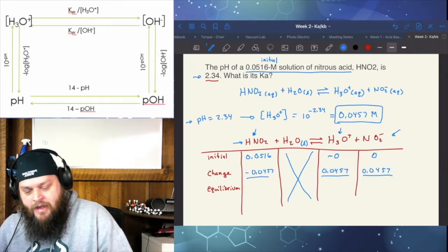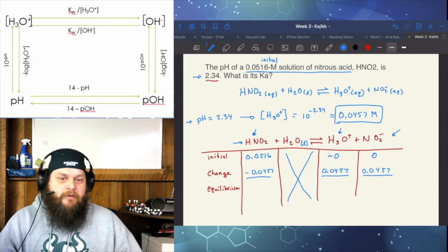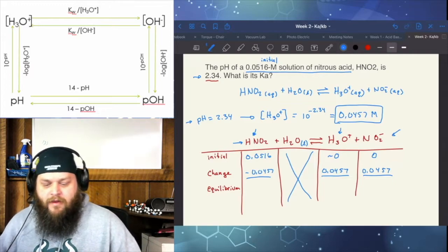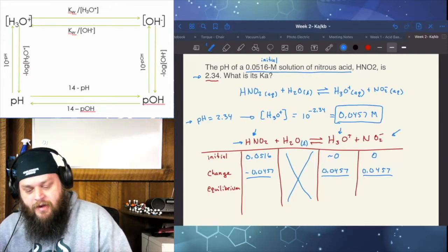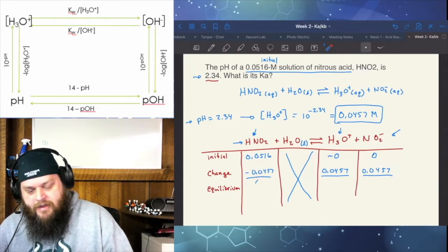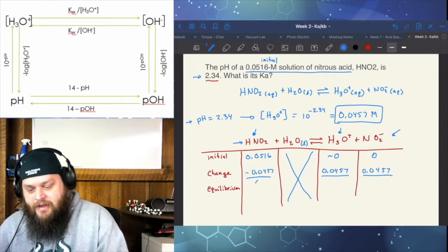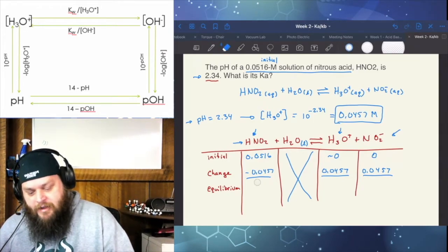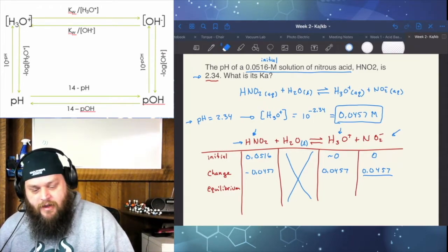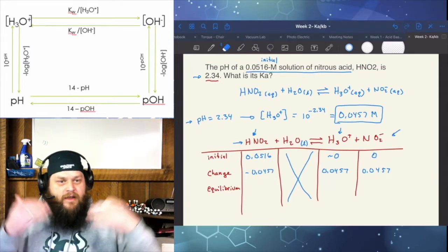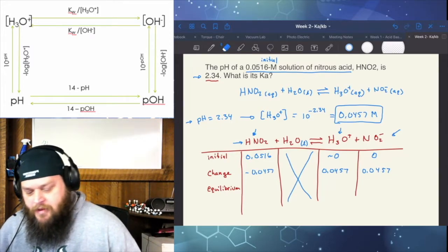And the concentration of our acid is decreased by that same amount. That's why if you didn't know the pH, you'd put a negative X here, an X here, and an X there. Because the concentration of our acid is decreasing while the concentration of hydronium and our conjugate base is increasing by that same amount.